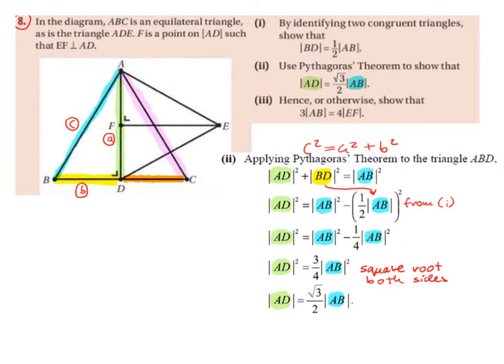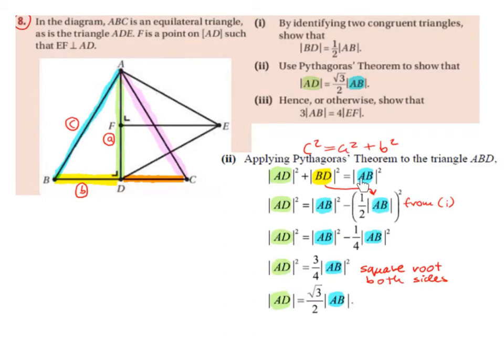Now we bring the BD squared over the equal sign, and it becomes minus BD squared. But we swap BD for half AB, because we proved this in part 1. So we have AD squared is equal to AB squared minus a half AB squared.